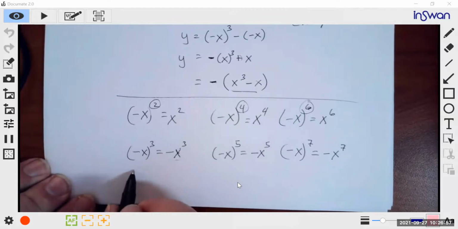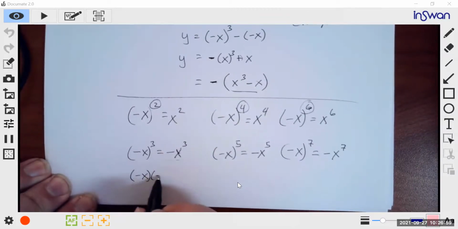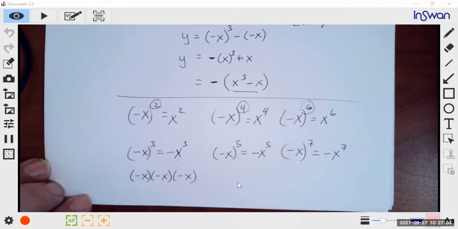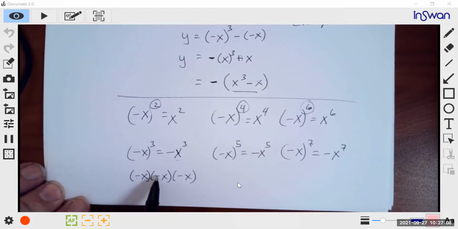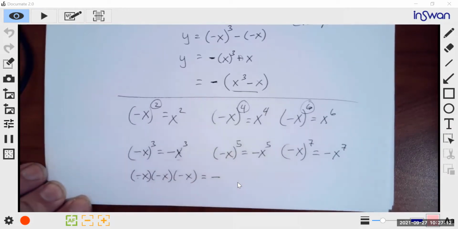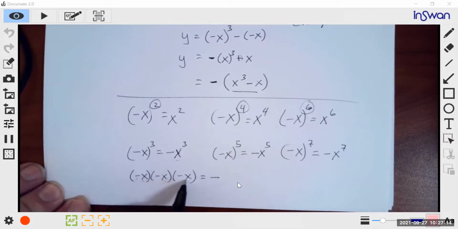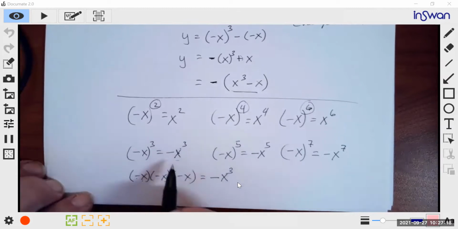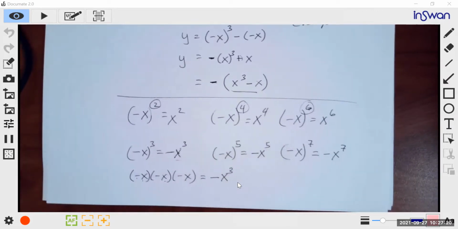Let's do the short one first. So it's negative x times negative x times negative x. They're all multiplied, right? That's the third power. Negative times negative is what? Positive. Positive times negative is negative. x times x times x, x cubed. So I put the negative out in front.